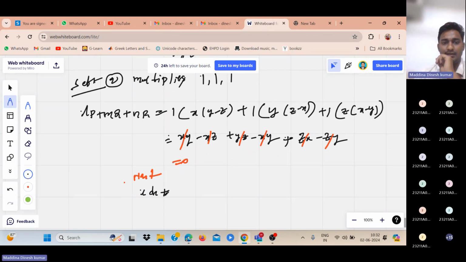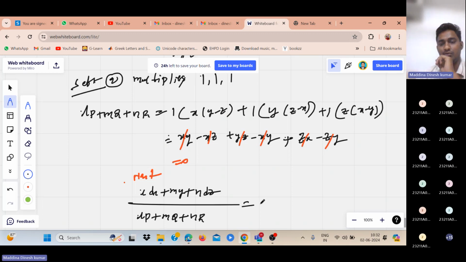L dx plus M dy plus N dz by LP plus MQ plus NR equal to any one among 3 terms.